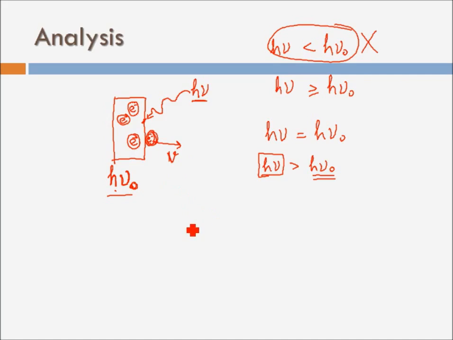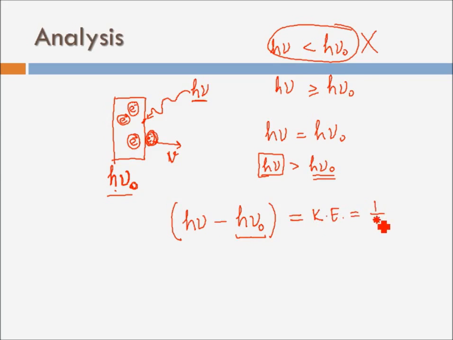That is to say, h nu was the incident energy. Out of this h nu, the electron used up h nu naught amount of energy in order to get away from the metal's body, and the rest of this leftover energy is entirely converted into kinetic energy of the ejected electron.